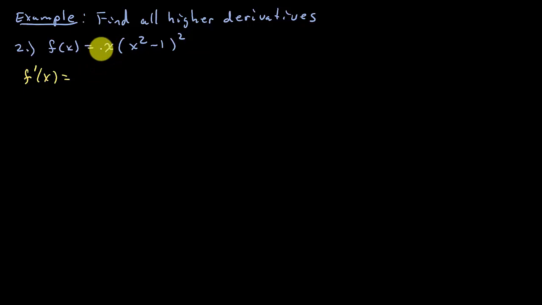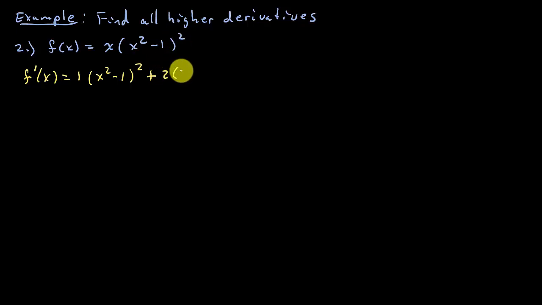So the product rule is the derivative of the first function times the second function, plus the derivative of the second function times the first. The derivative of the first term, x, is 1, times the second function. Well, the second function is this x squared minus 1 squared. So I've got to use the chain rule here.